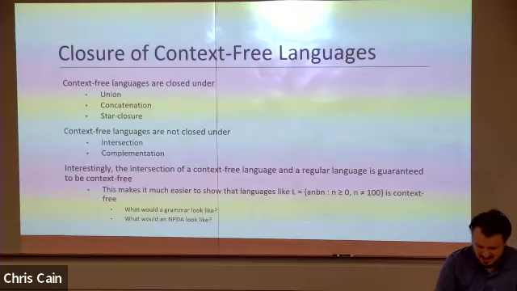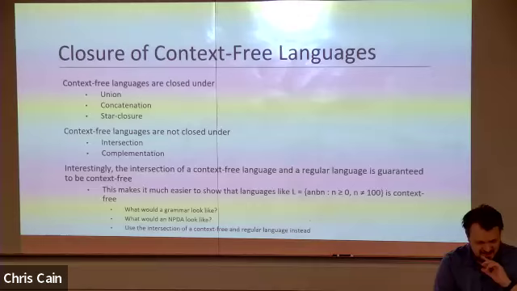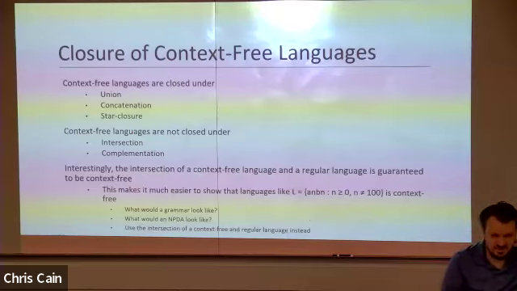Disgusting. But we can instead use the intersection of a context-free and regular language if we can refer back to this rule that that intersection is guaranteed to be context-free. Makes the proof way easier rather than writing out a 100+ production grammar.